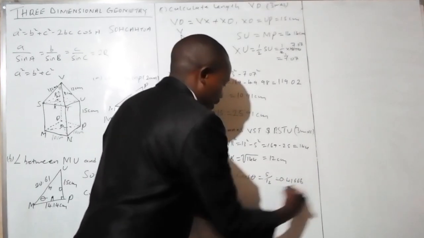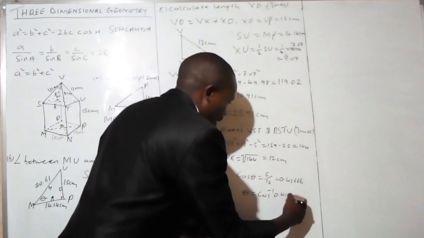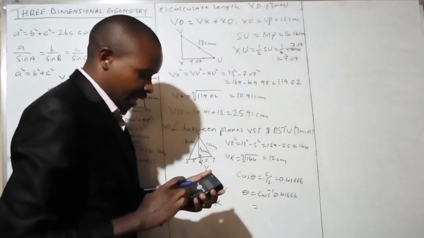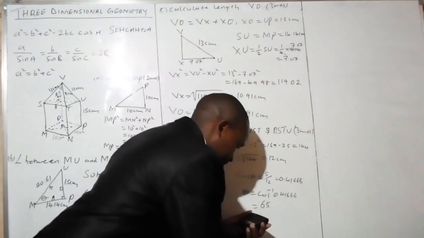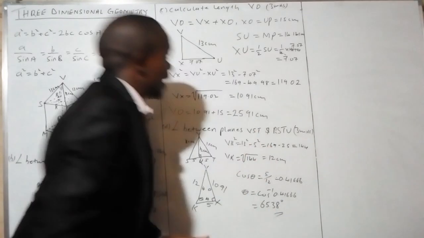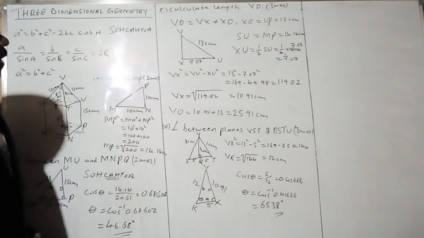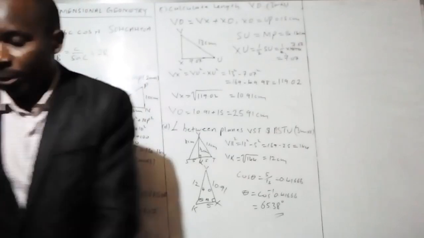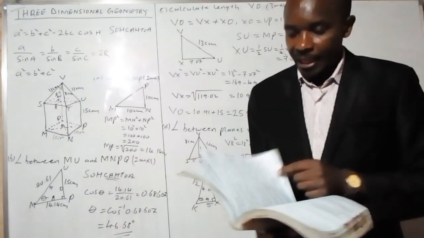Theta is equal to anti-cos of 0.41666, which is 65.38 degrees. That is 2 marks, 4 marks, 7 marks, 10 marks. That's how you are supposed to handle that question, which was done in year 2018.